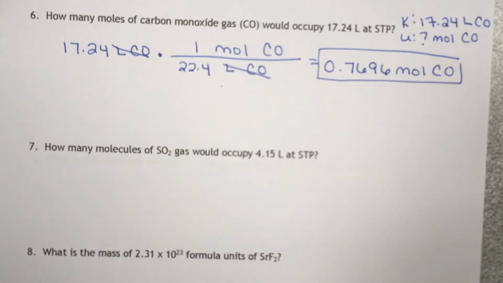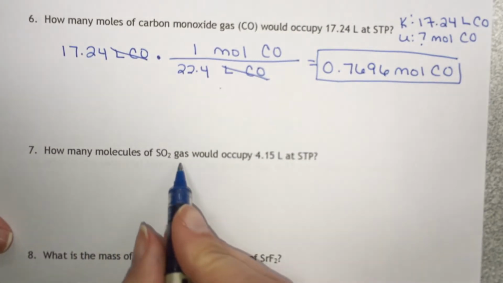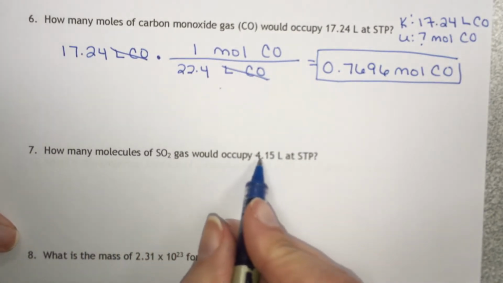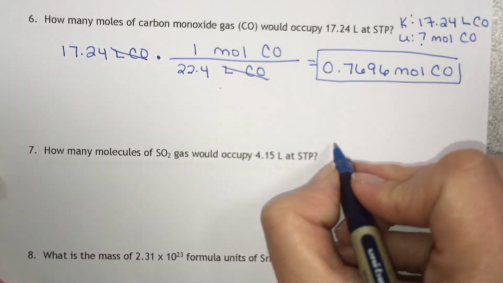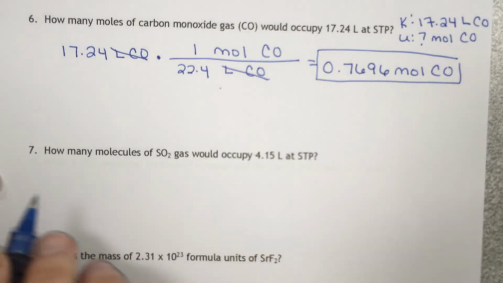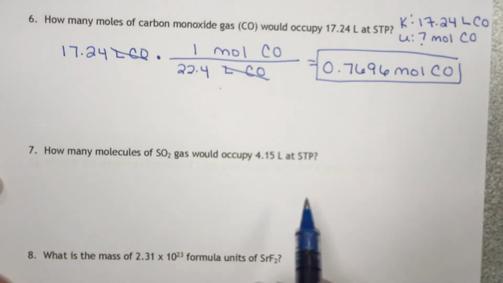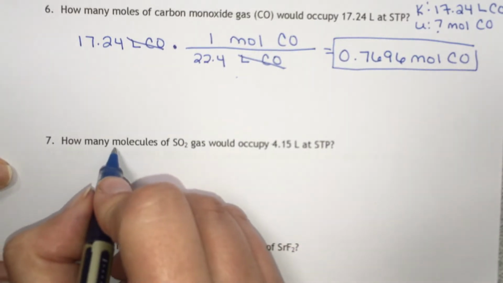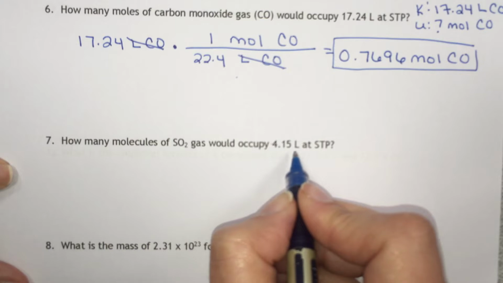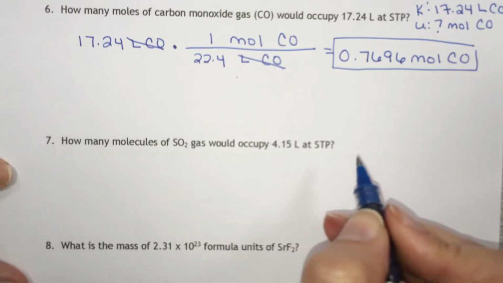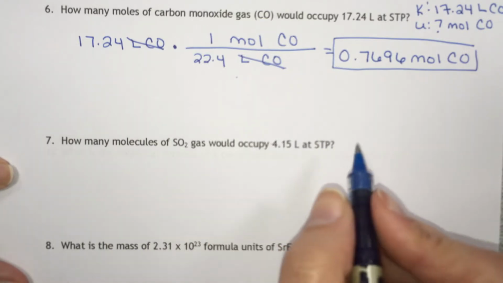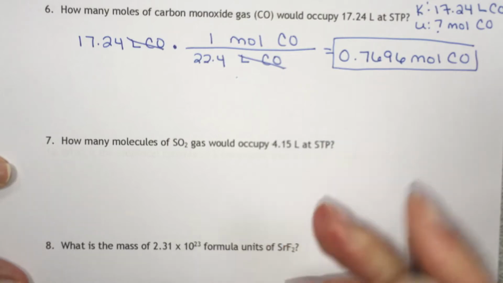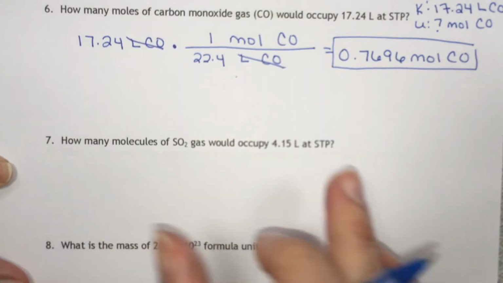Okay. Next, how many molecules of SO2 gas would occupy 4.15 liters at STP? So here's the first example of a two-step conversion. We want to know molecules, and we have volume. So we don't have moles, and we're not given moles, and we're not going to moles. So now we must use the moles in the middle as a conversion.